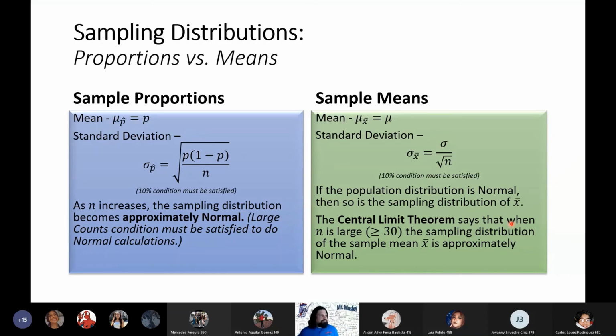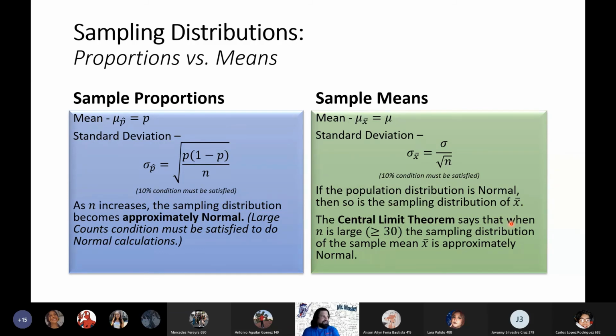So in a nutshell, proportions versus means. When we're talking about sampling distributions of sample proportions, you have a mean that is equal to the population proportion. The standard deviation is equal to the square root of the parameter p times 1 minus p, divided by n.